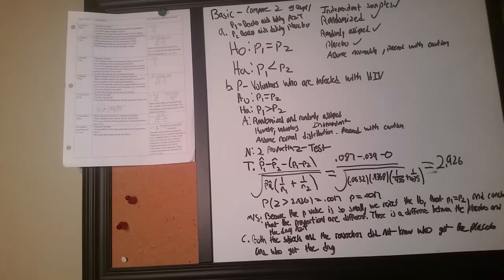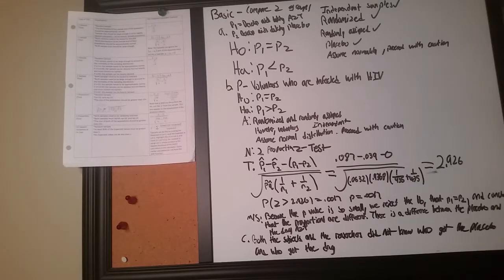B asks us if there's any significant evidence that AZT is effective. So we're going to do PHANTOMS for this one. The parameter is the volunteers who are infected with HIV. We already went over the hypotheses and the assumptions, so I'm not going to cover that again.